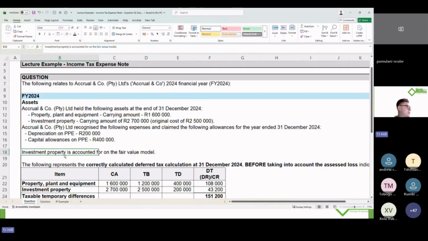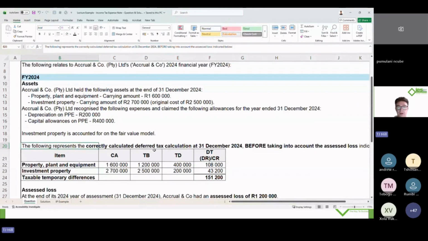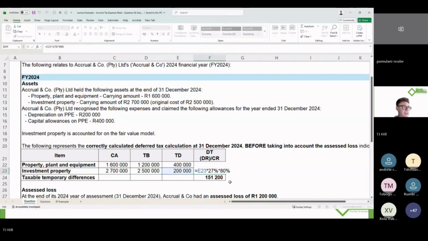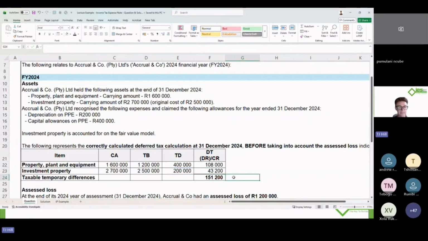And on the fair value model, now I've given you the deferred tax calculation already done for last year. Carrying amount, tax base, I've calculated it for you, temporary difference there, and carrying amounts, fair value, tax base is original cost. Okay, CGT rate, because fair value model assumed through sale, gave me a DT liability last year of 151,200.